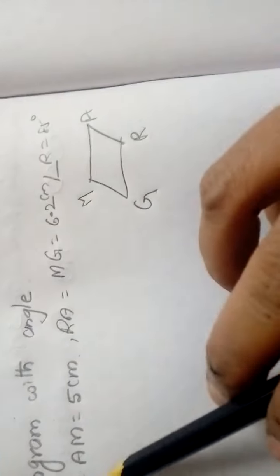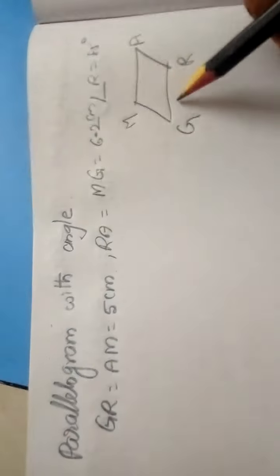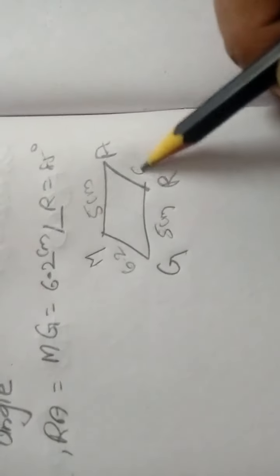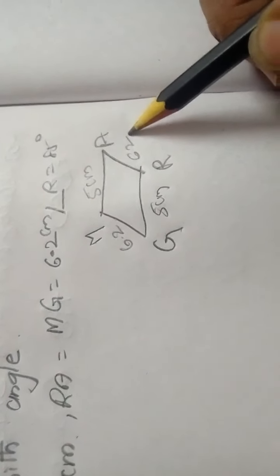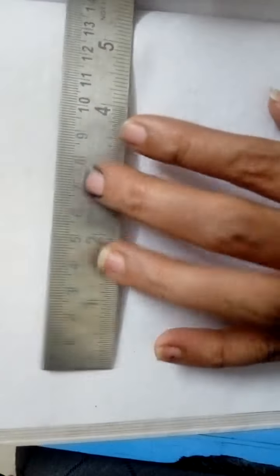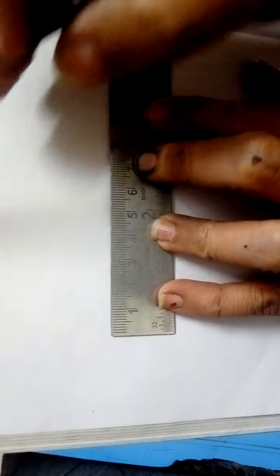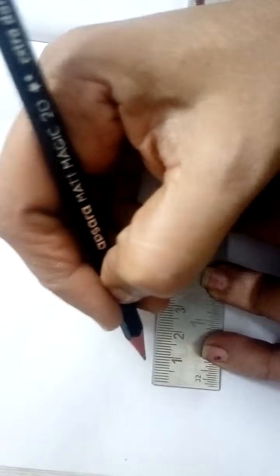Afterwards, you have to see the given measurements. GR is 5 centimeters, and AM is 5 centimeters. This is 6.2 centimeters, and this one is 6.2 centimeters. At the same time, the angle 85 degrees is given. For that, I am selecting GR as the base with the measurement of 5 centimeters.